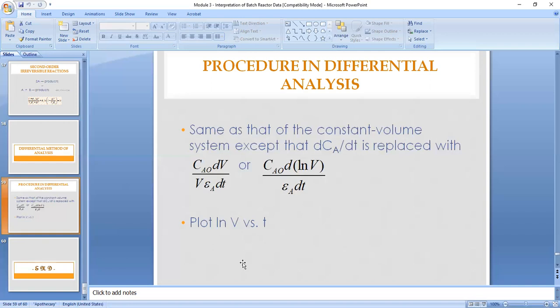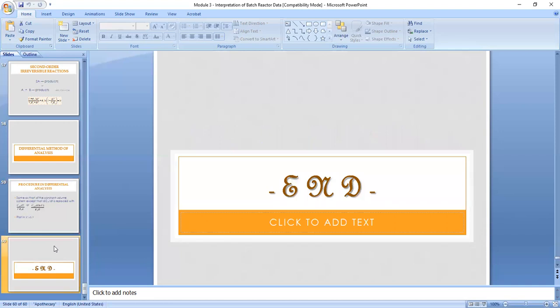So if your data points exceed 10 already, it is suggested that you use differential analysis. Okay, and that ends, class, the interpretation of batch reactor data, with the main goal of determining the order and the rate constant for a particular reaction.